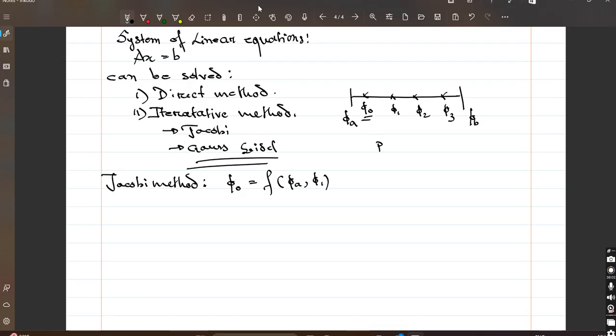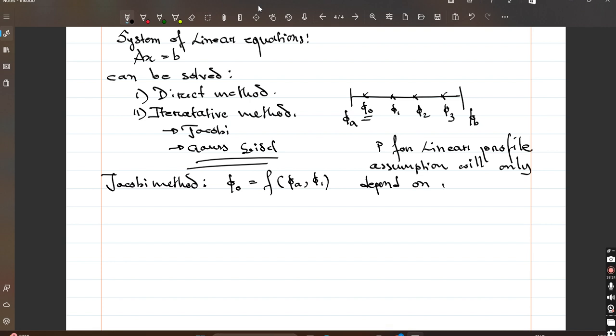We saw that any point P for a linear profile assumption will only depend on its left and right neighbors, right?